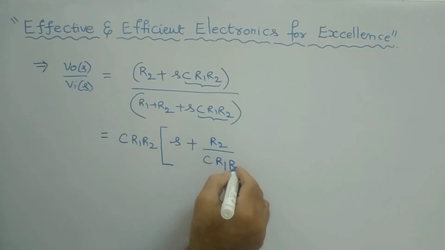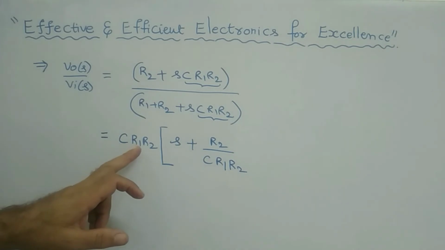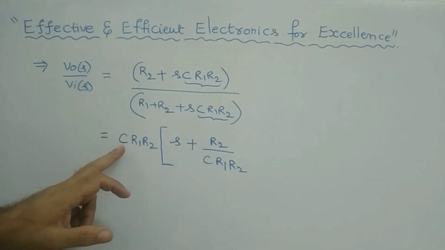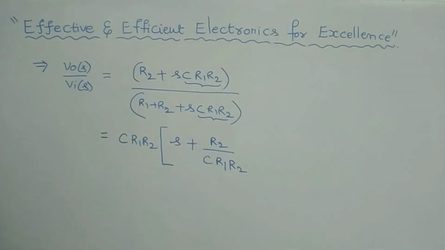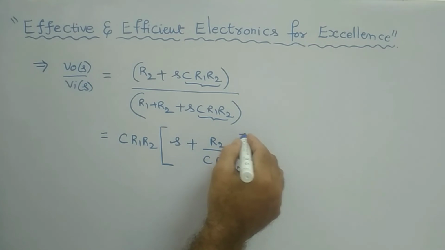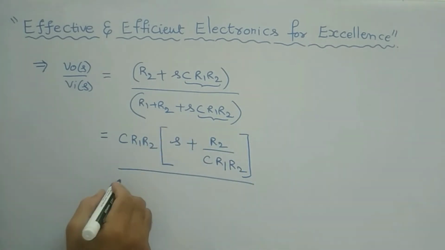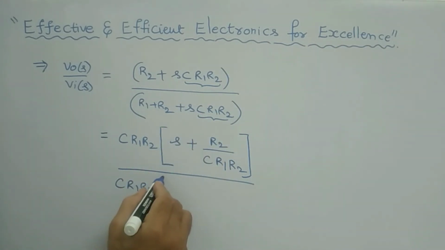Clear? Yes, C into R1 R2 definitely, because S will be common only, R2 will be there, and your C R1 R2 will be there. If you multiply, R2 will remain there. Clear? And then here what you will get, C R1 R2 take as common.